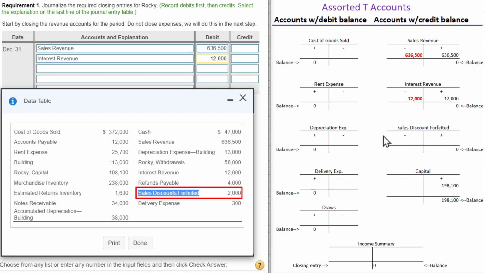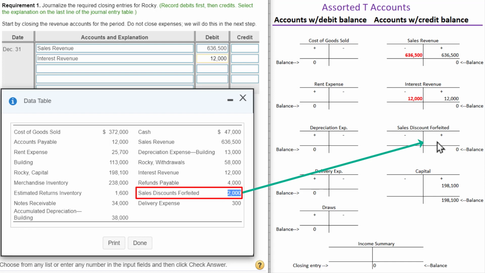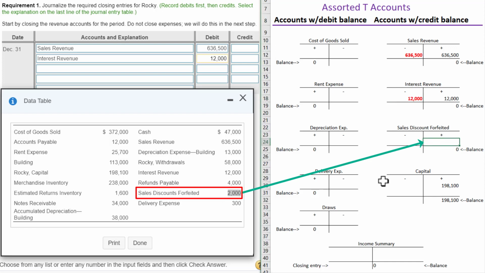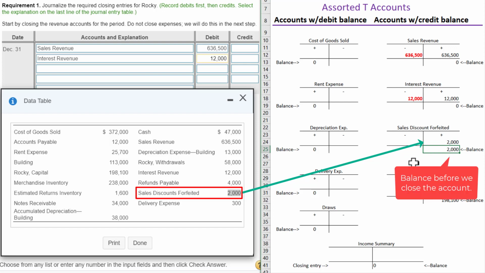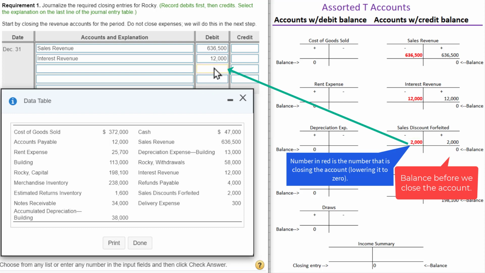So that's why I've put it over here. So notice there's 2,000. So I'm going to put the 2,000 over here. Now how do I close this $2,000 balance account? I had to put 2,000 on the minus side. And so this red 2,000 is my closing entry. So I'm going to copy and paste and put that over here.